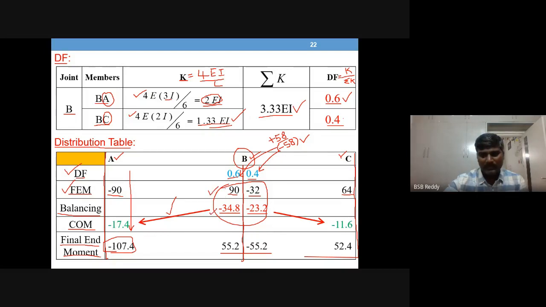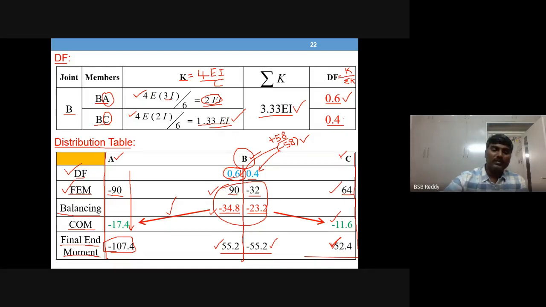Don't add the distribution factor by oversight; add only the moments. So plus 90 minus 34.8, 55.2. In the same way, minus 32 and minus 23.2, minus 55.2. So this is plus, this is minus, total is 0. In the same way, for C, you add this value and this value, that is 52.4, the moment at C.